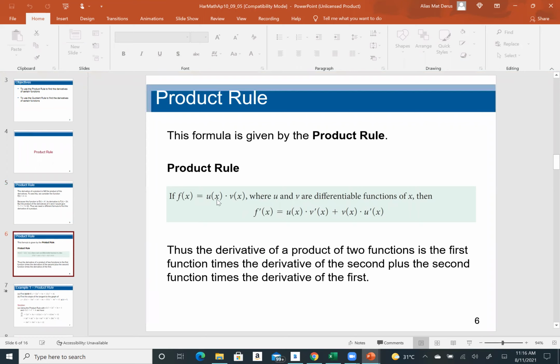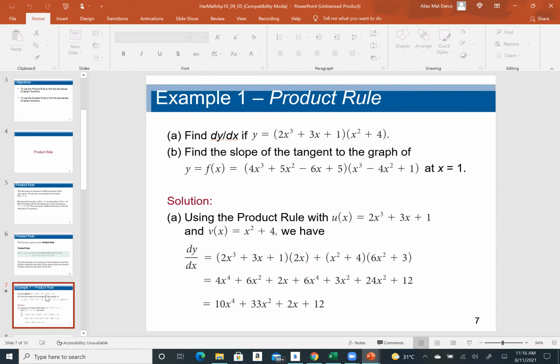So think of u and v as terms in x. You multiply them to each other. Example would be here. You have y equal to 2x cubed plus 3x plus 1 multiplied to x squared plus 4.